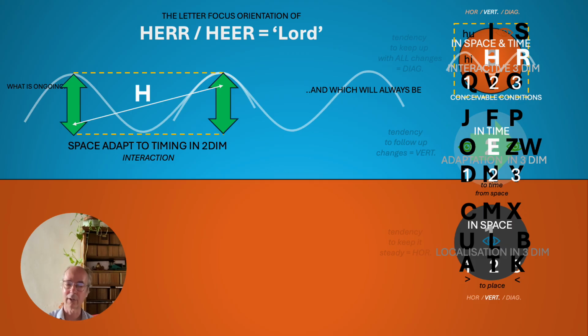So in these interaction arrows that you see from up and down of the H, in between that is the vibration that continues endlessly, but it can go up and down.